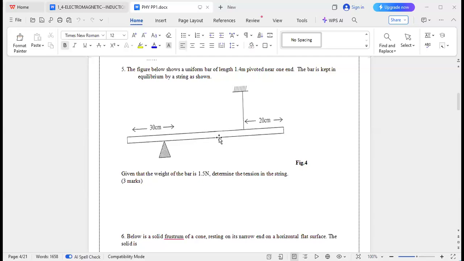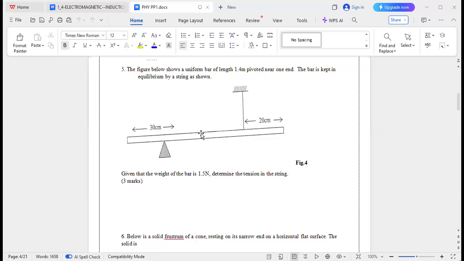Our anti-clockwise force is the tension in this string. So we take 1.5 multiplied by the distance from the center to the pivot. The length is 1.4 meters, so halfway is 70 centimeters. From 70 to 30 here, the distance to the pivot will be 40 centimeters.